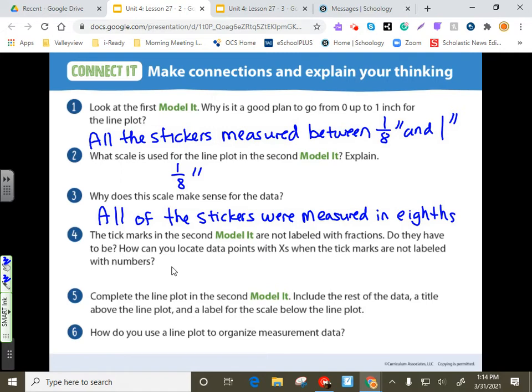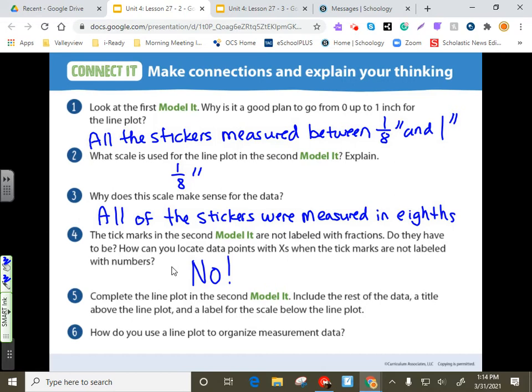Do they have to be? How about a big old no. And even in our example on page 557 that we did together, I didn't have to label those tick marks. Once you understand the scale, you can just count over. But it's really up to the person's preference that makes the line plot. There's no rule against it, but they do represent something. It just doesn't always have to be labeled.